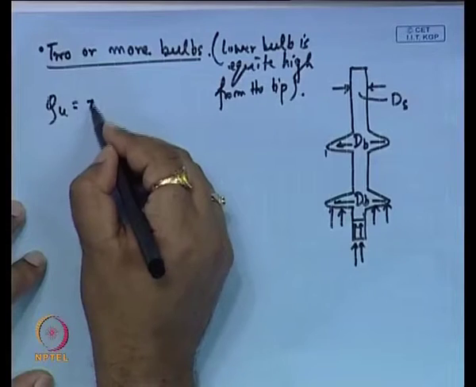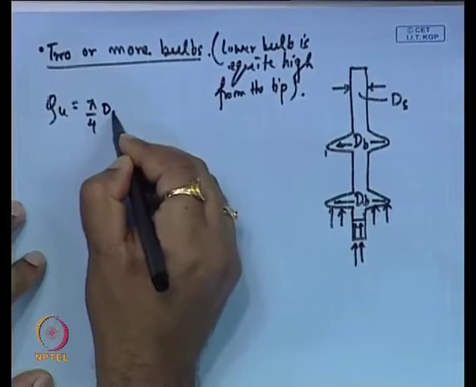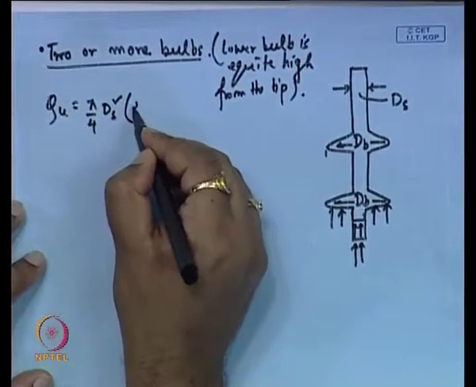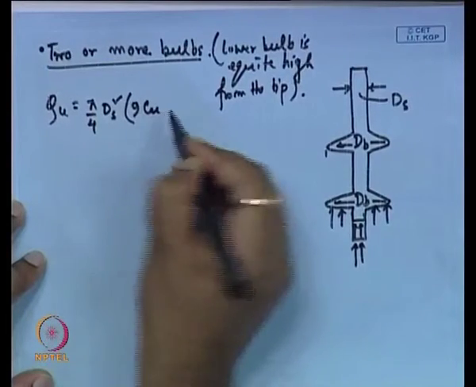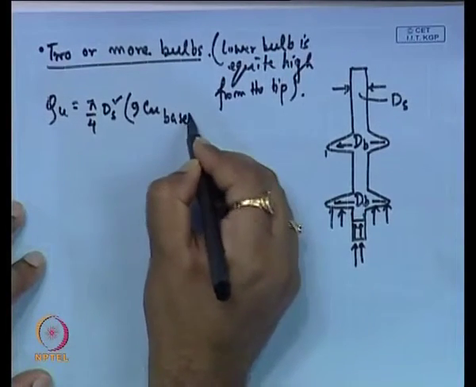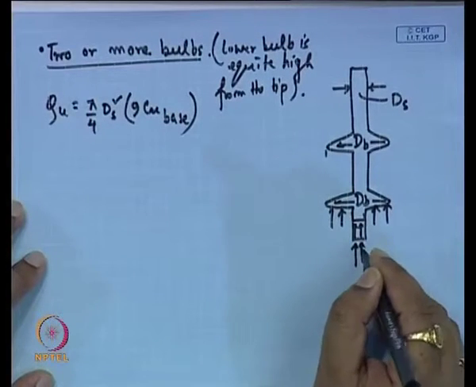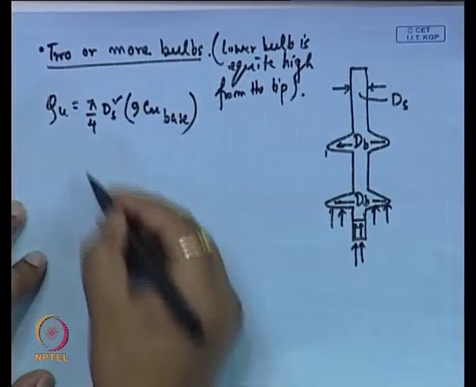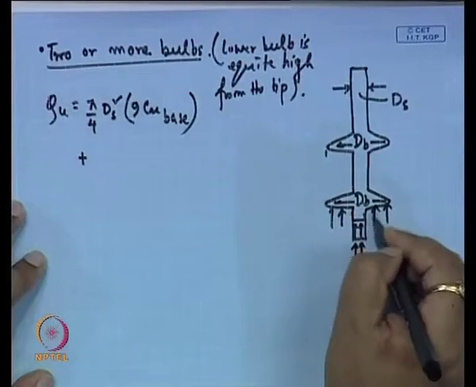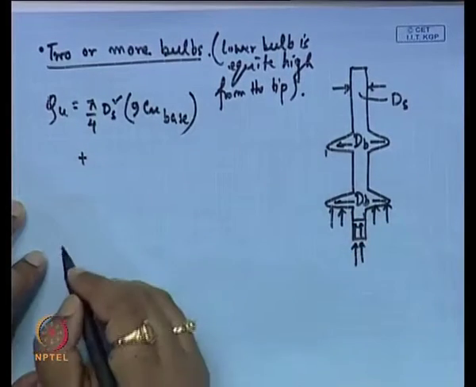resistance. So, this is pi by 4 ds square, again Nc is 9 into Cu at base level. So, this is the Cu at base level, this tip level, plus we will get this resistance from this enlarged bulb portion.